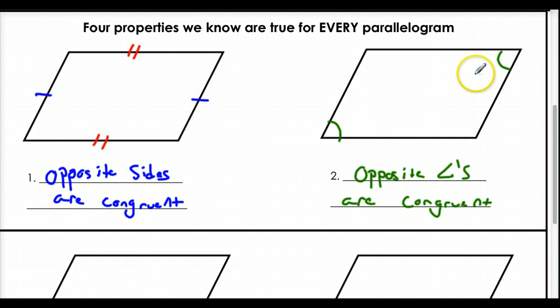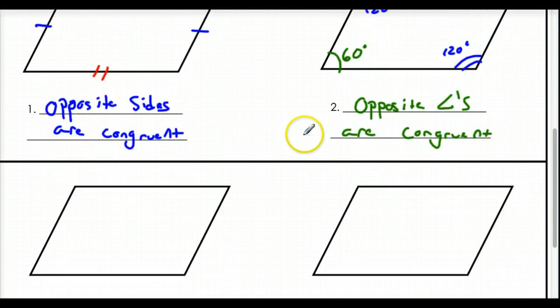Opposite angles in a parallelogram are congruent. See what I'm doing here? Across from each other? Yeah, that's true. So if this is 60, we know this is 60. And these two would also be congruent. So if this was 120, this would be 120. Opposite sides are congruent and opposite angles are congruent.